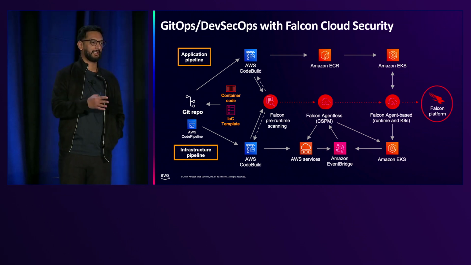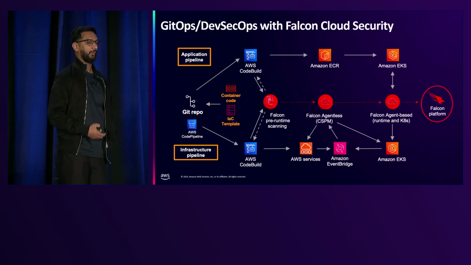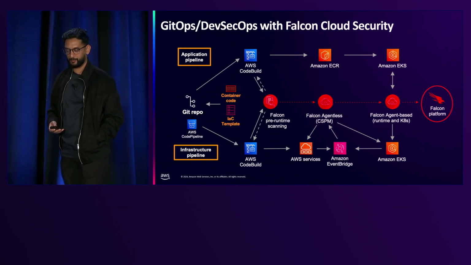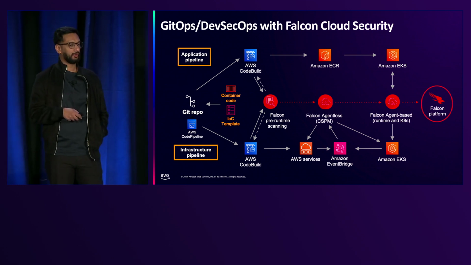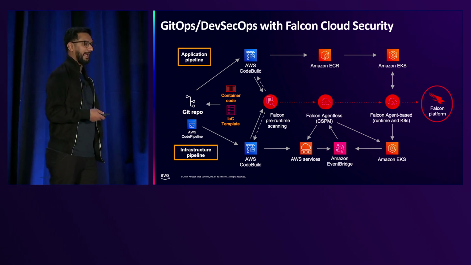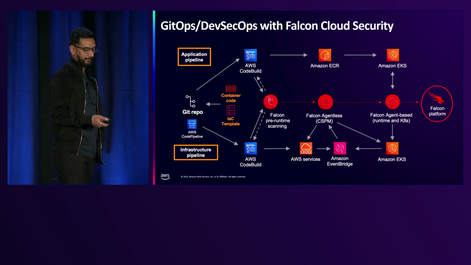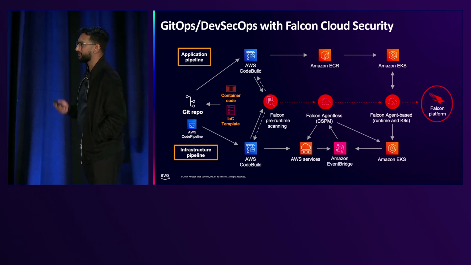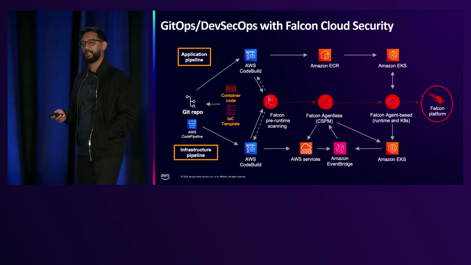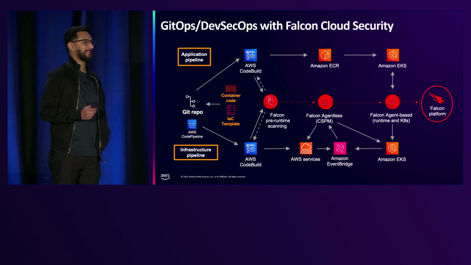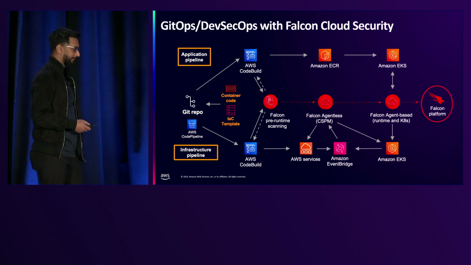And of course, there's the container that gets pushed, which is both the ML inference container and the app container that we talked about. Now, as soon as these get pushed, a new version of the app is built using CodeBuild. Now, with Falcon pre-runtime scanning, as soon as these get baked into ECR, we're able to pull down those images and scan them for vulnerabilities.